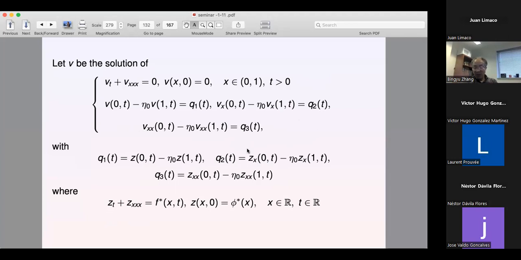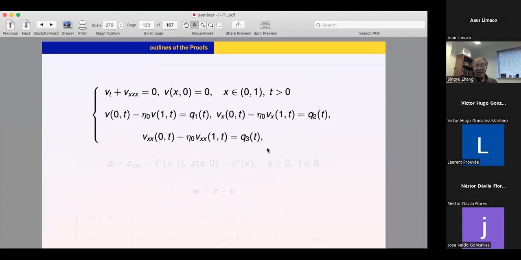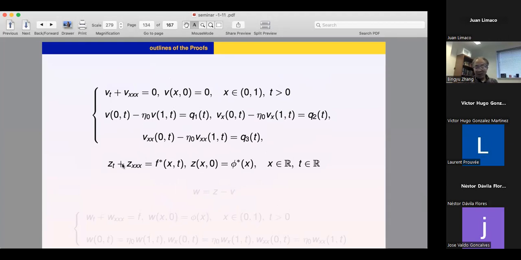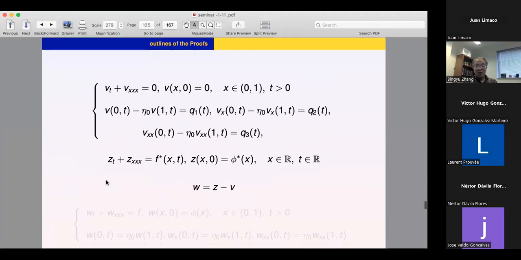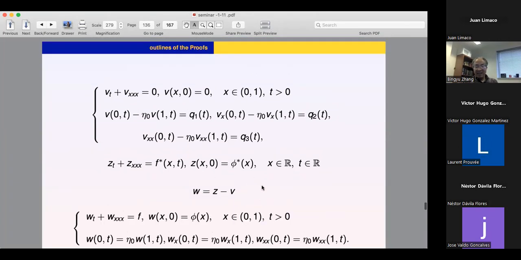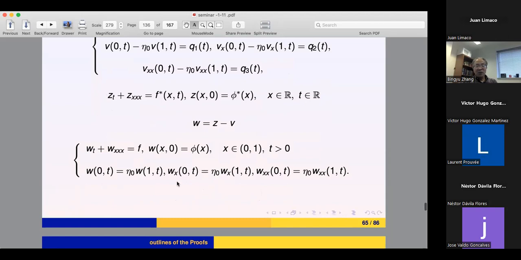Suppose we are able to solve that. With that in hand, you can see v is the solution of this one, z is the solution of this one. This is the whole line problem, and this is the finite interval non-homogeneous boundary value problem. If w equals z minus v, then according to our argument, w solves this equation, which at the beginning we were trying to prove in theorem 4.